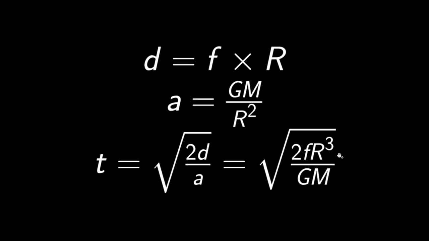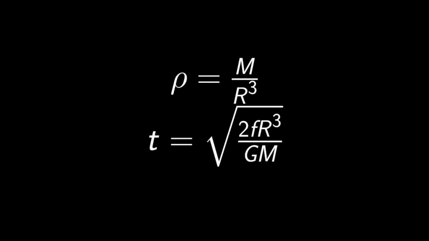And now we can do a little bit more, because we can remember that the volume of a sphere is 4/3 pi r cubed, but I'll ignore the 4/3 pi, and we'll just think about the radius cubed. We know that a mass per volume is a density, and here we denote it by the Greek letter rho.